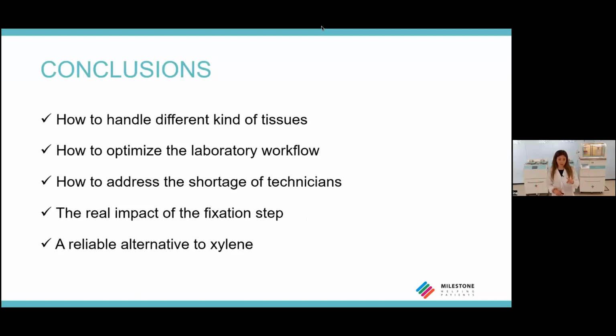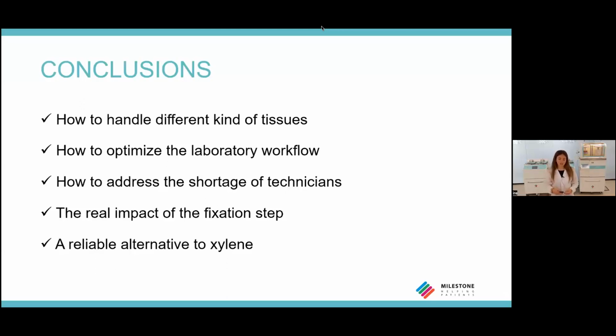Then the second topic, laboratory workflow, how we can work with our processor to optimize it, through the use of a lean workflow, and also how to make the work easier to meet the problem of the shortage of technicians with an easy to use processor and easy operation.